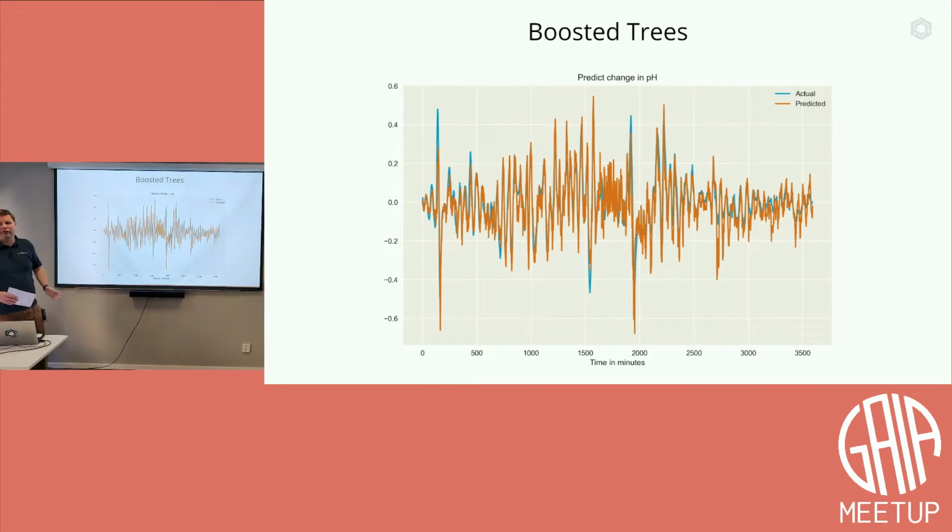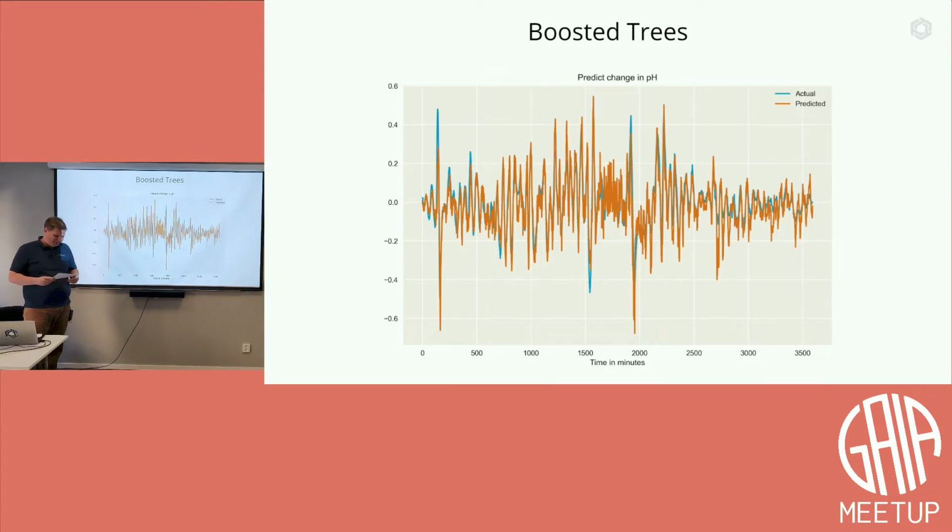When we started the project, Södra said that if we are within 0.5 pH limits, they would be really happy. And the mean absolute error is less than 0.1. So obviously we solved the problem.